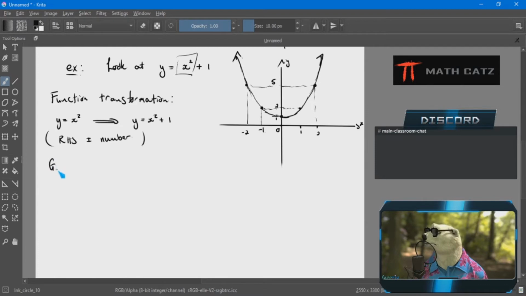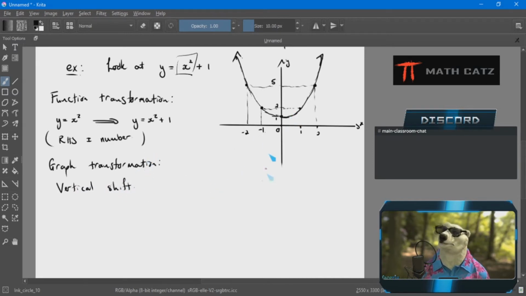So then I have a graph transformation, which is a vertical shift, I'll call it. Fancier word is translation, but I'm shifting it up and down.